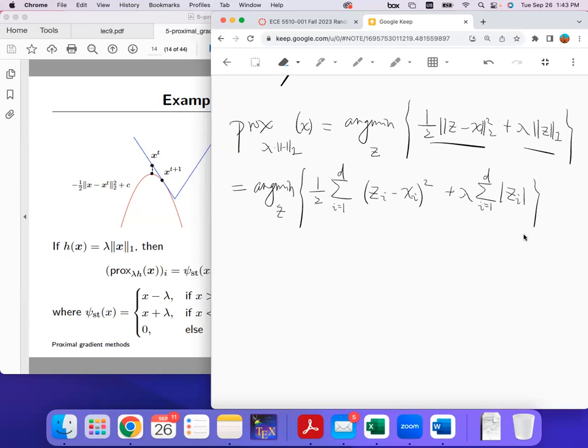So we can simply perform this minimization for every dimension. So we can focus on each dimension z_i separately. And for every dimension, we simply need to look at this one-dimensional optimization problem.